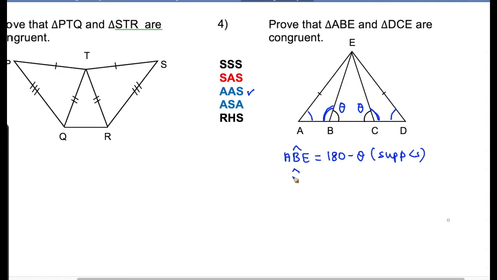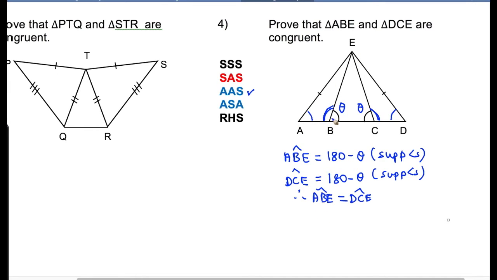Similarly, the angle DCE is equal to 180 minus theta, again supplementary angles. Therefore, we can say that angle ABE is equal to angle DCE, since both of them are equal to 180 minus theta.